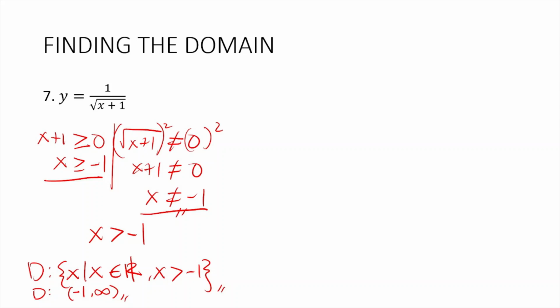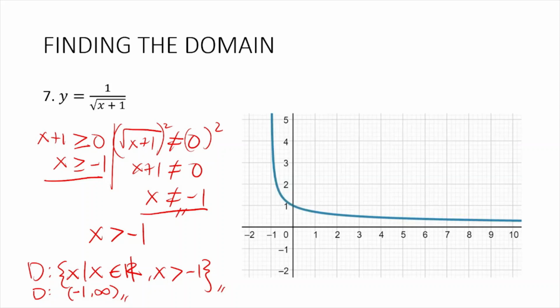Let's look at the graph. As you can see here, we have a vertical asymptote. If you have a vertical asymptote, the curve will not cross that particular x value, because at that x value the curve is undefined. So from -1, this is now the domain. These are the allowable or valid x values for this particular function.